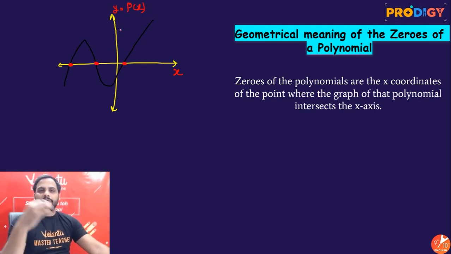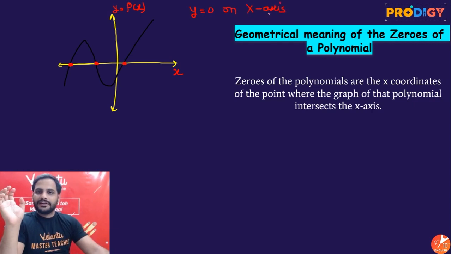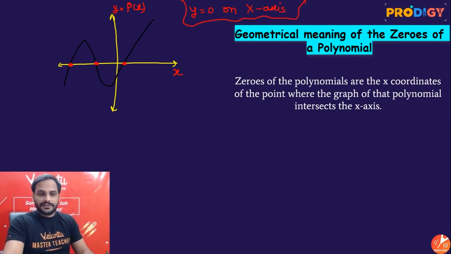All right, so the zero means those values of x for which the value of the polynomial is 0. That means y is equal to 0, and y is equal to 0 on x-axis. That is why we take the intersection point with x-axis. Many students ask this question, that is why explaining this.